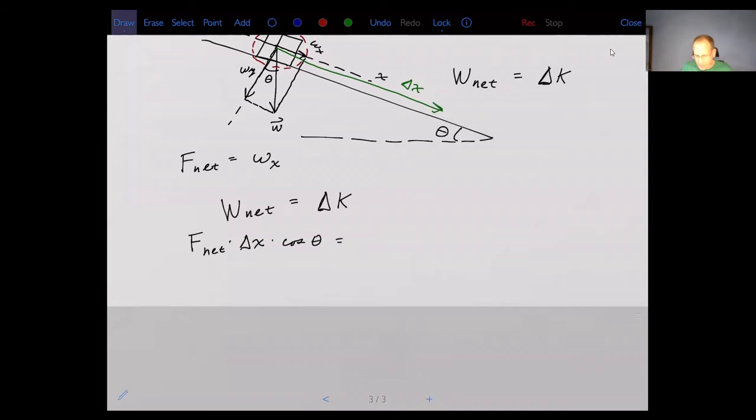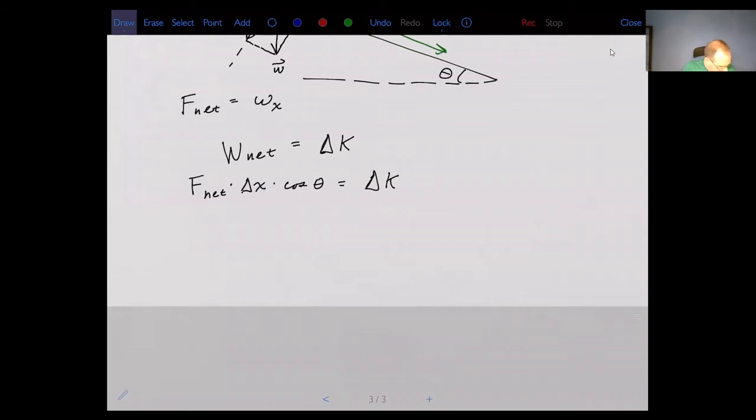But remember what the angle is. The angle is between the net force and the displacement vectors. In this case, they're both in the same direction, so that angle is 0 degrees. So really this cosine is just equal to 1. And that's got to equal the change in kinetic energy.